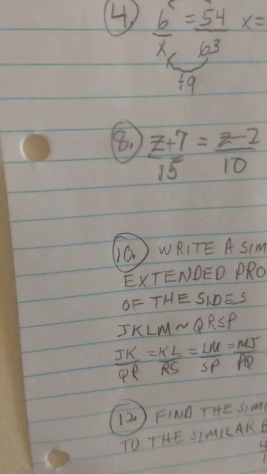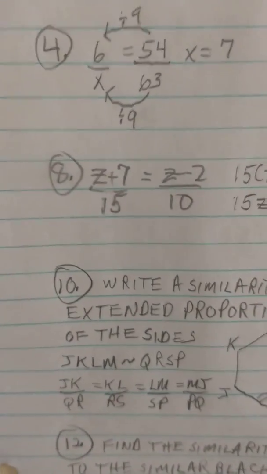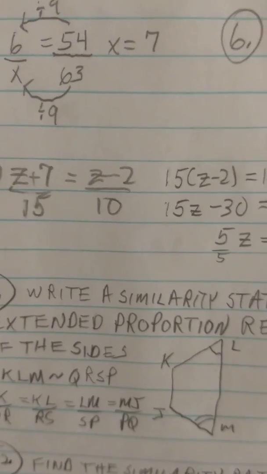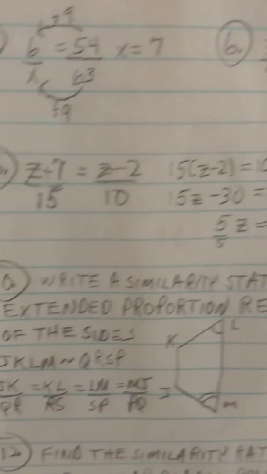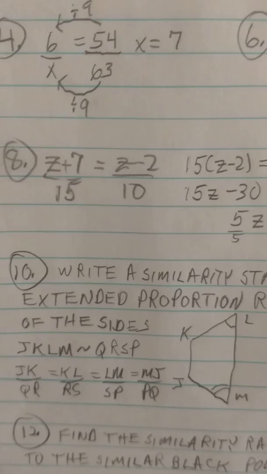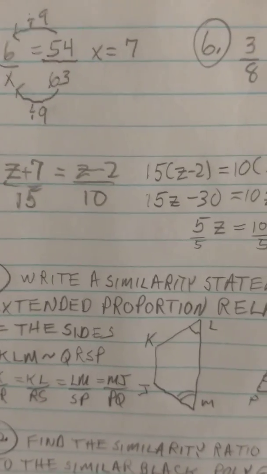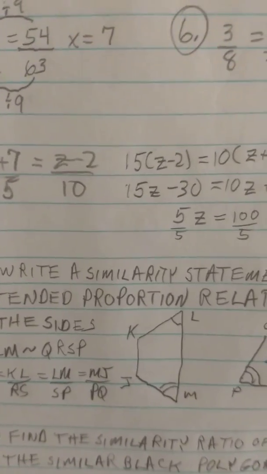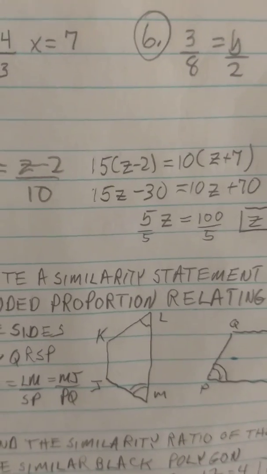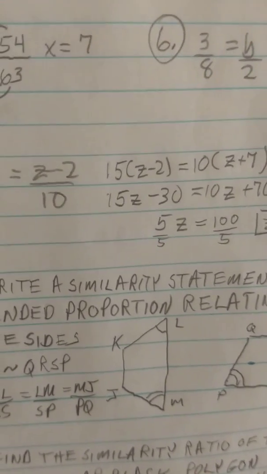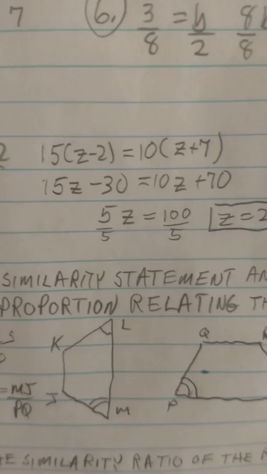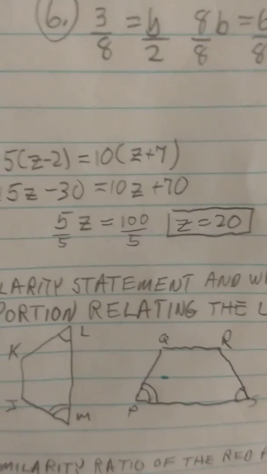Okay, now for problem 8, more algebra, z plus 7 over 15 equals z minus 2 over 10, and cross multiplying, 15 times z minus 2 in parentheses equals 10 times z plus 7 in parentheses. And multiplying through, we have 15z minus 30 equals 10z plus 70.